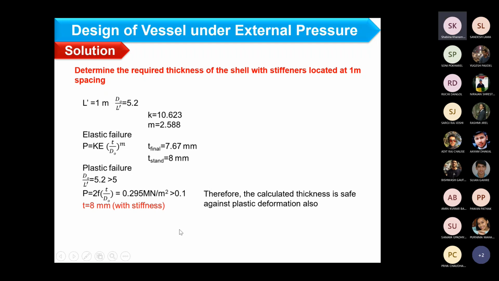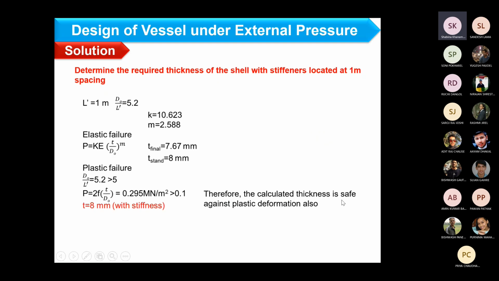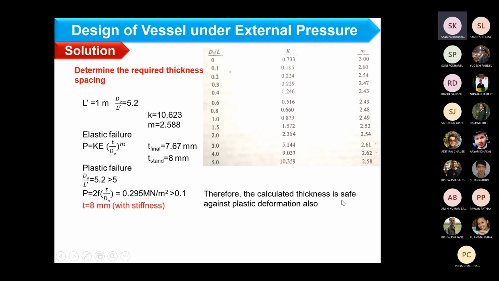Okay, now you can consider another point: with a stiffener, the thickness is coming as 8 mm. Without stiffener, the thickness is coming as 22 mm, right? You can see here, so you can imagine the role of the stiffener.